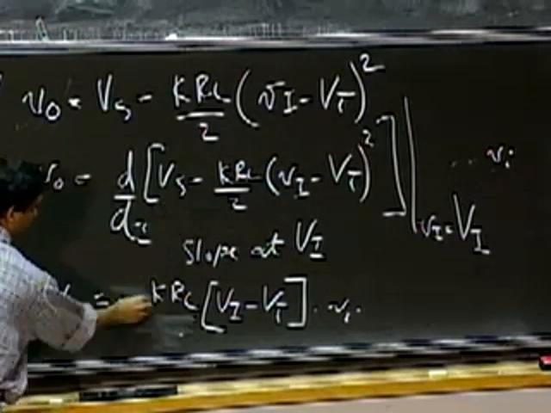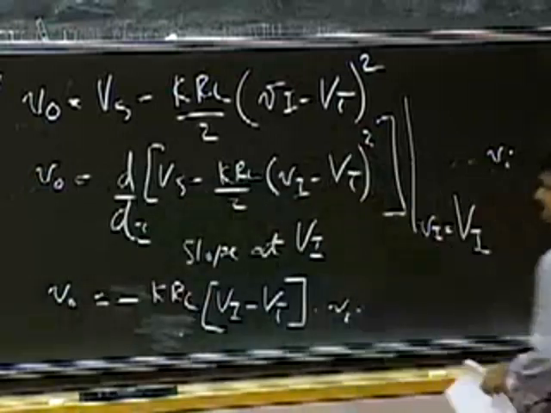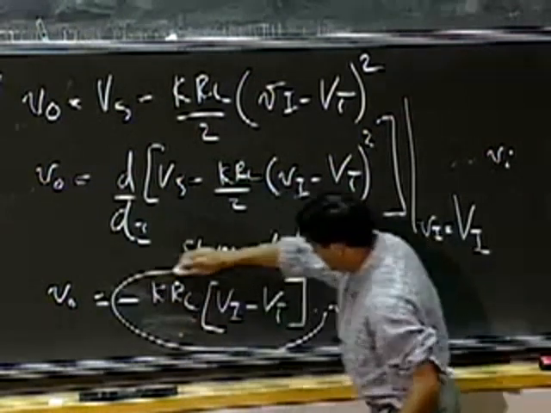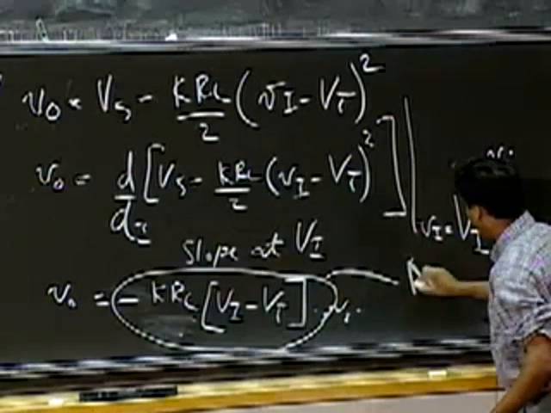Oh, I have a minus sign here. Okay, I get the same expression that I derived for you out there, and this is just taking the slope and going with it. And this, as I mentioned before, this is A.